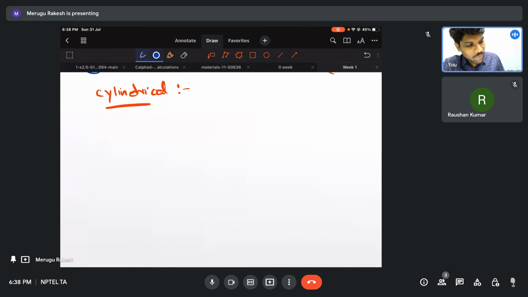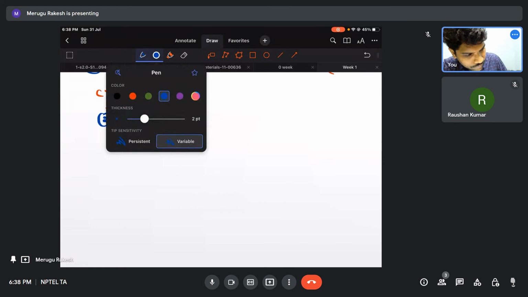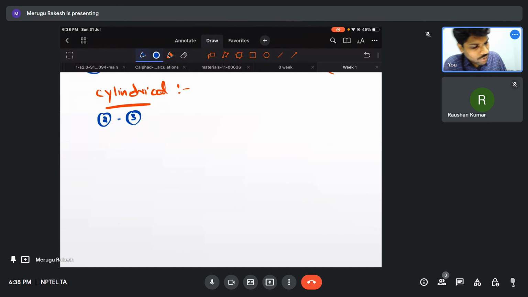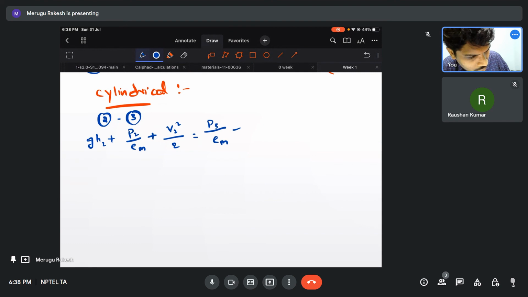If I apply Bernoulli's principle between points 2 and 3, we have g into H2 plus P2 by metal density plus V2 square by 2 is equal to P3 by metal density plus V3 square by 2.